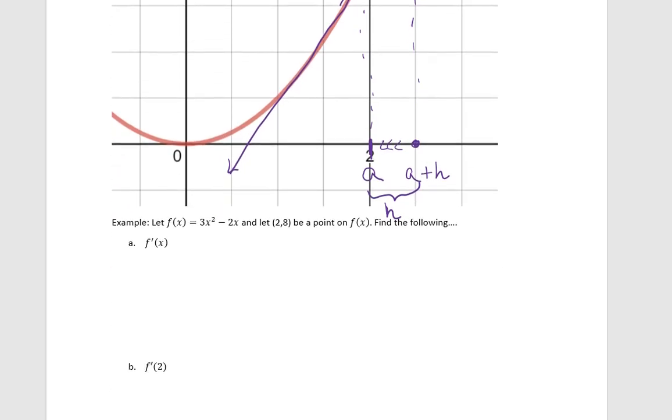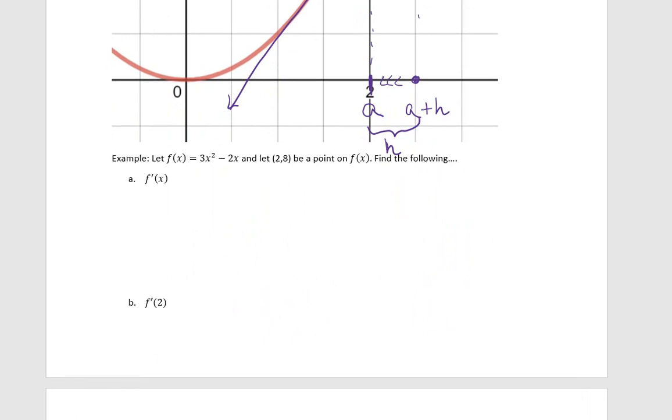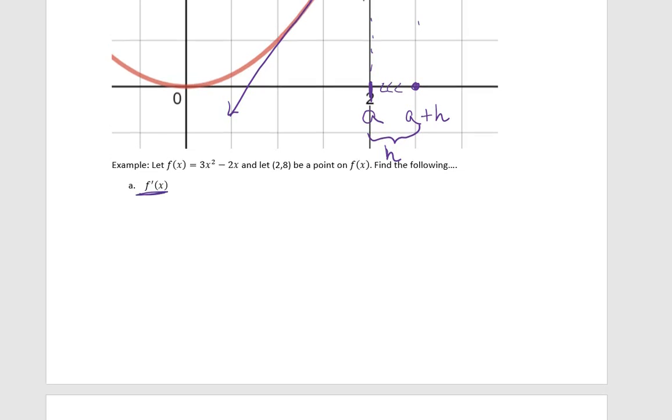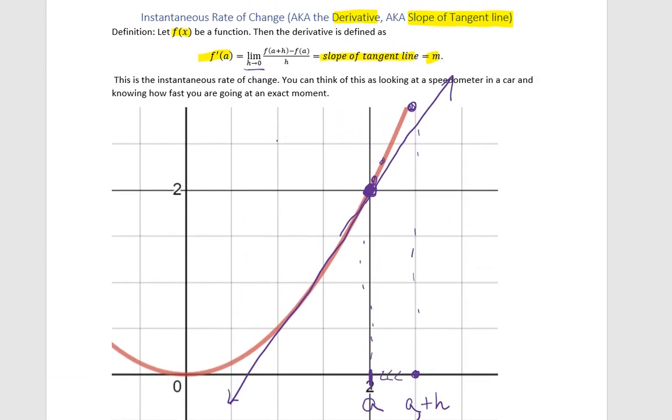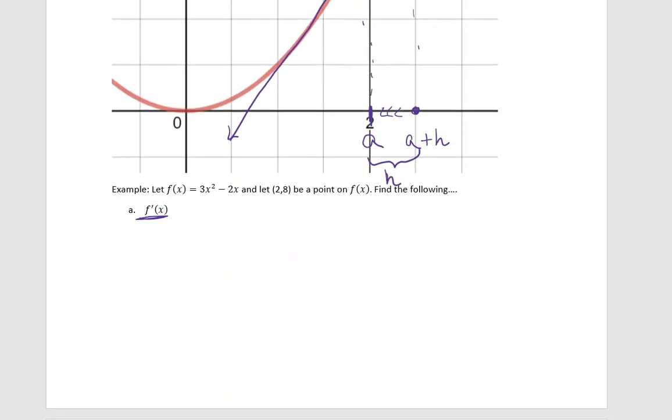So let's go ahead and look at finding the derivative using that definition. Don't worry, the definition can be kind of a pain, but what we're going to see is that it's not going to be too terribly bad once we get some quick tricks. So let's say that we want to find f prime of x. So what this means, if we look at the definition, is that instead of having an a here, which we have here and here, we're going to plug in an x.